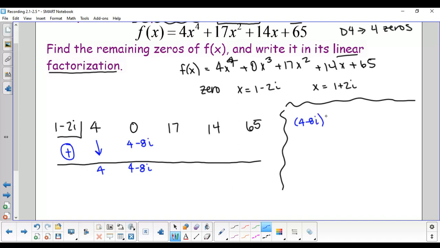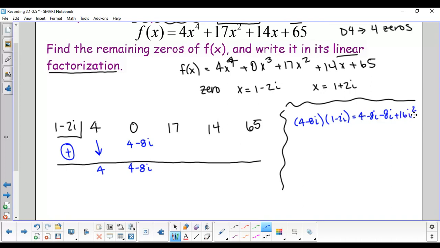So I'm going to take 4 minus 8i times 1 minus 2i. And when I do this multiplication, I'm going to have 4 times 1, which is 4. 4 times negative 2i, which is negative 8i. Negative 8i times 1, which is negative 8i. And negative 8i times negative 2i, which is positive 16i squared.